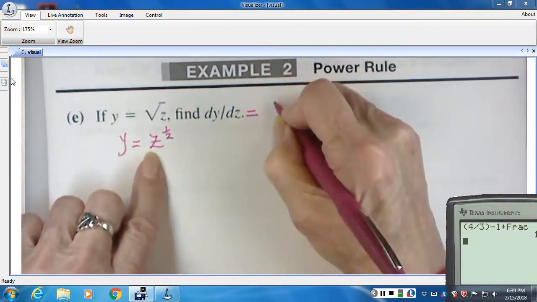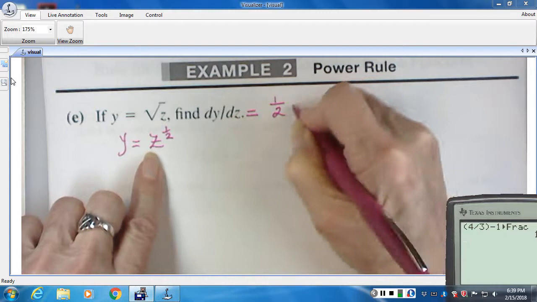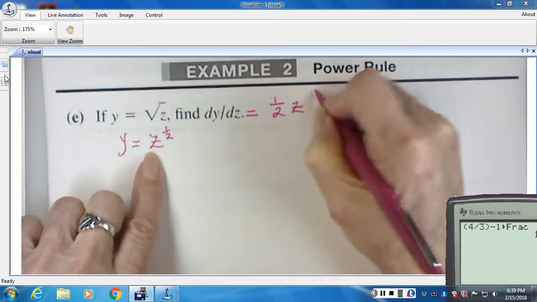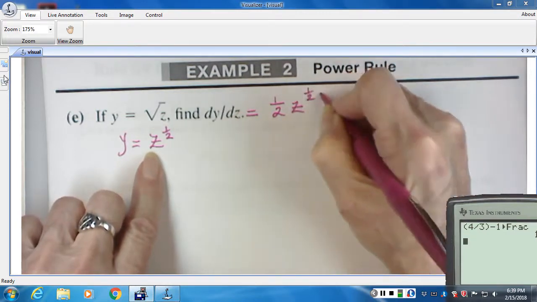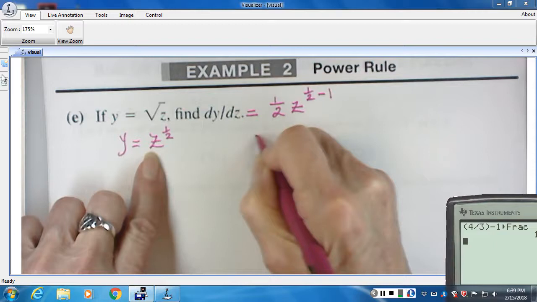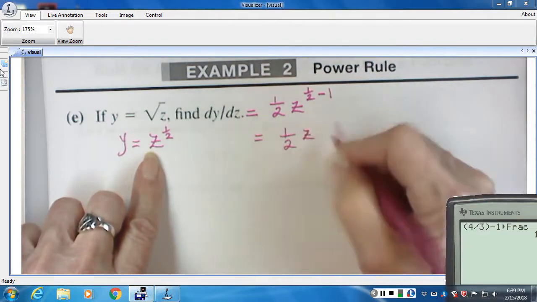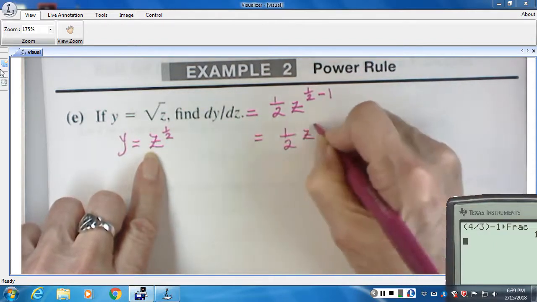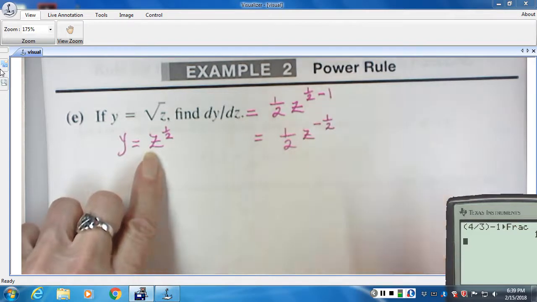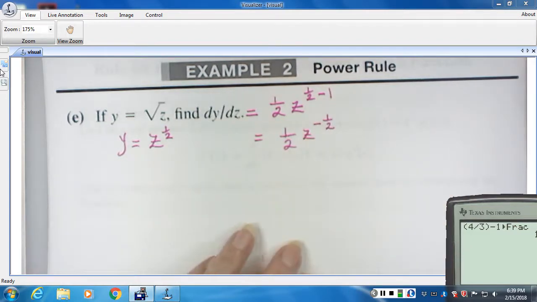I bring the power in front times z to the 1/2 minus 1, which is 1/2 times z, and 1/2 minus 1 is negative 1/2. And once again, that's a perfectly legal, nice expression. It doesn't have to be changed. It doesn't have to be rewritten.